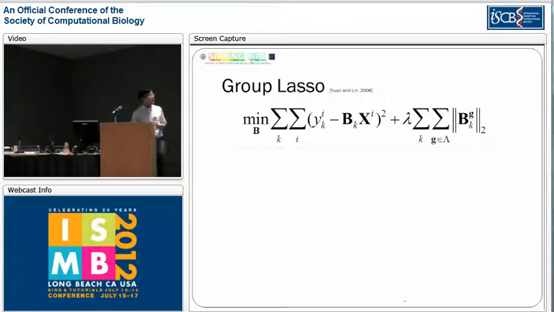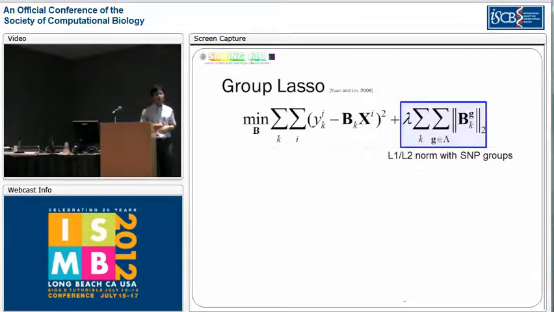So based on the R2 norm, group lasso was proposed. It looks very similar to lasso, but the difference is here. Instead of using the R1 norm, group lasso uses the R2 norm with SNP groups. And what this method does is as follows.